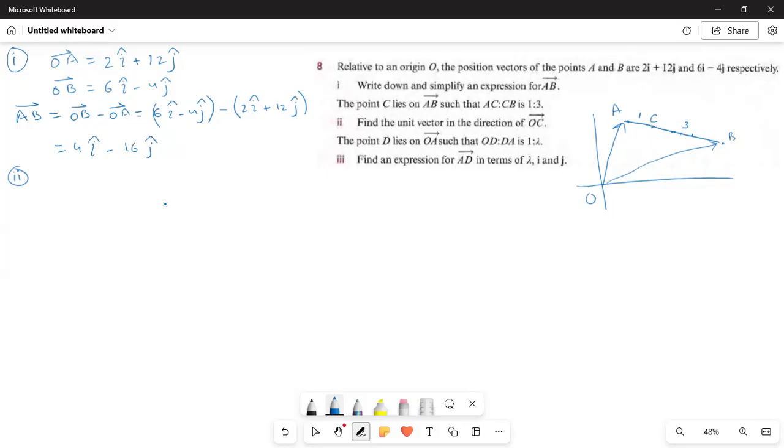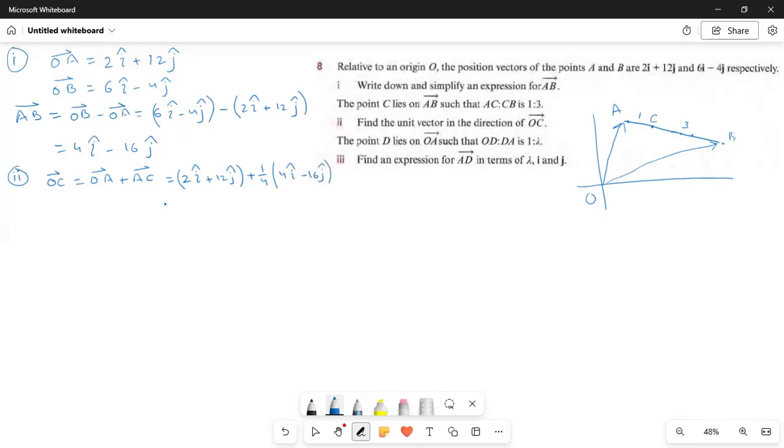You can see that this OC vector is basically OA plus AC. Now OA is 2i plus 12j, plus AC, which is 1/4 of AB, and AB is 4i minus 16j.